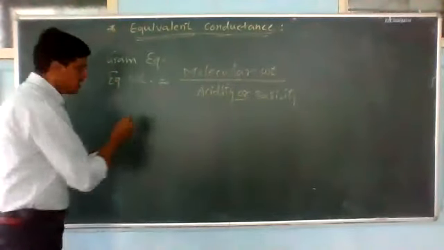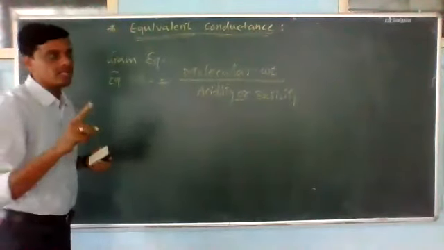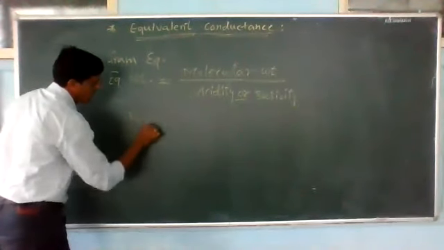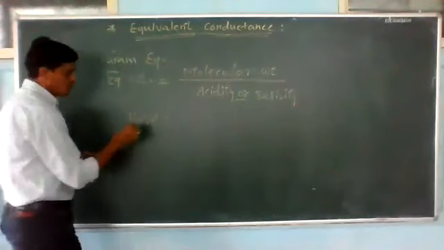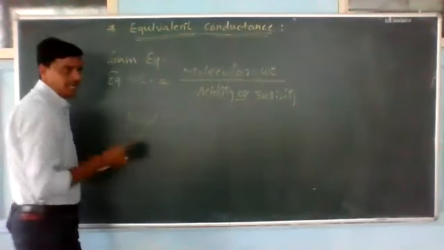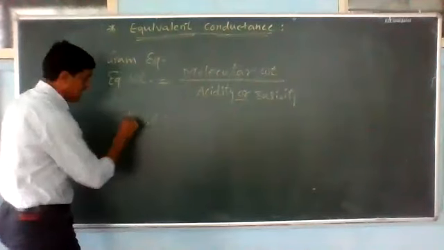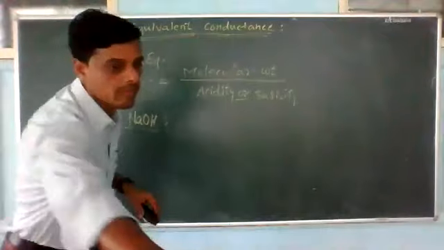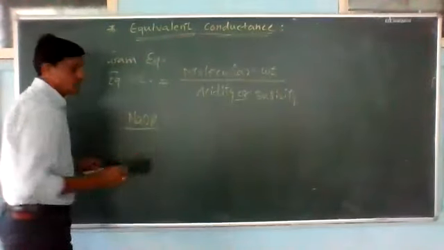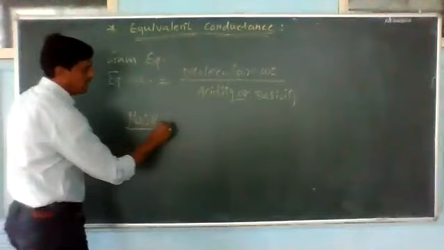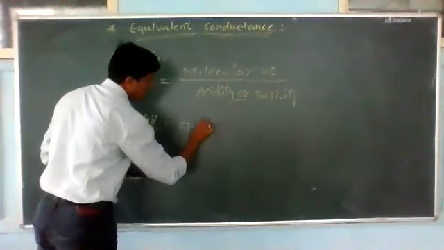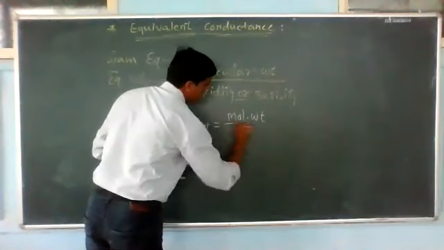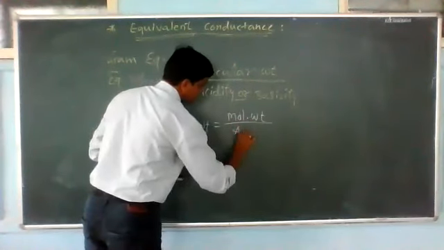For example, if I ask you to calculate the equivalent weight of sodium hydroxide, NaOH, then NaOH is a basic substance, and its equivalent weight is equal to its molecular weight divided by its acidity.